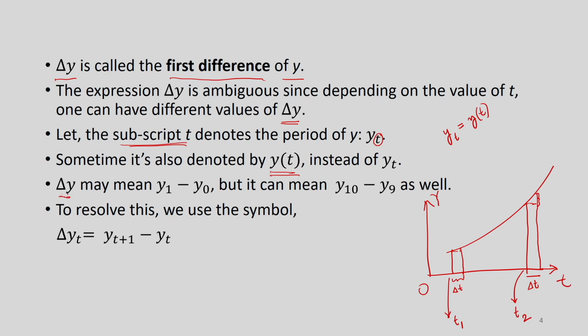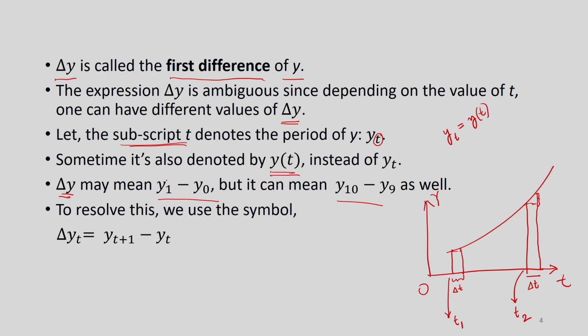Now, delta y may mean y 1 minus y 0, or it can mean y 10 minus y 9 as well. In both cases, time is changing by just 1 unit, and we are looking at how much the y variable is changing.